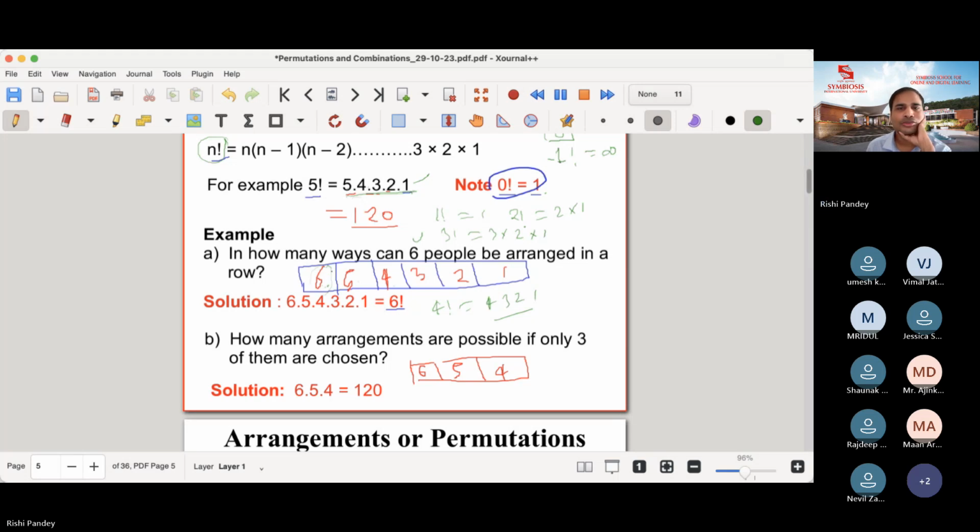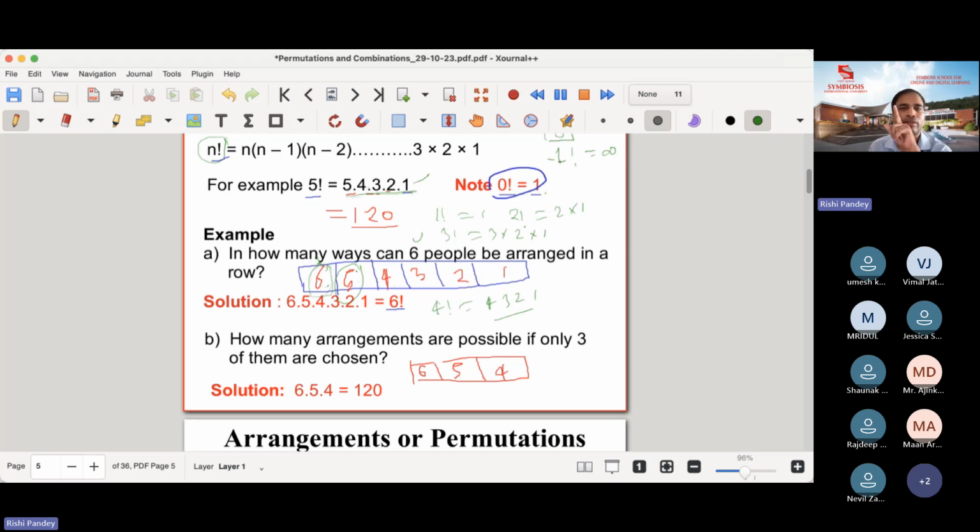Now one person occupies this position, meaning one person is seated. Imagine you have 6 people and one is seated in the first seat. Now how many people remain? 5. For the next position, we have 5 people, so out of the 5, anyone can take this position.